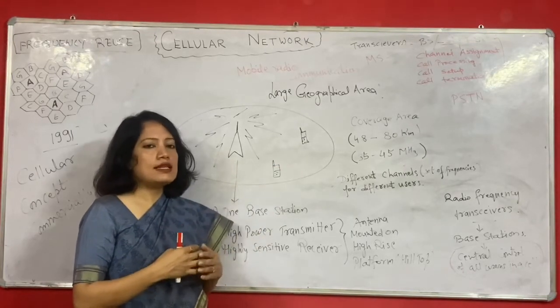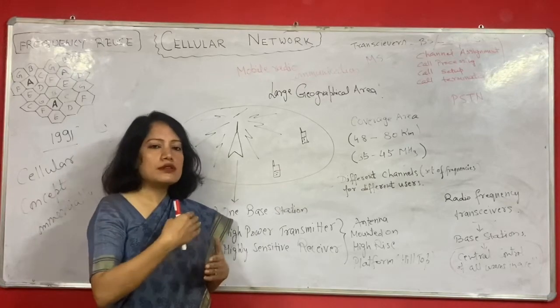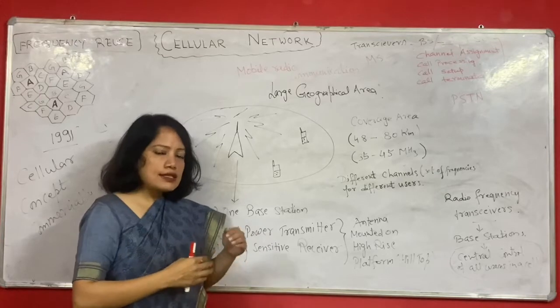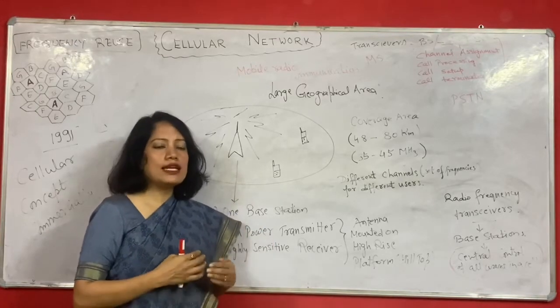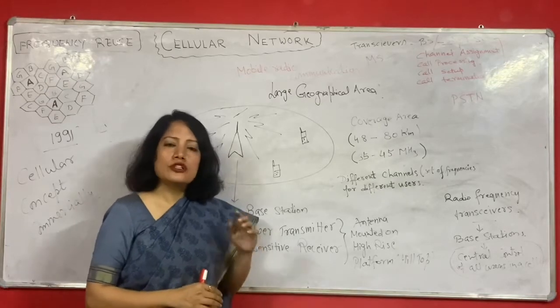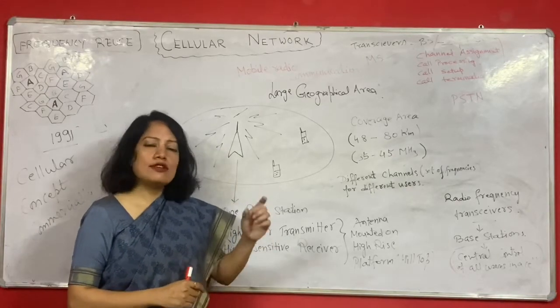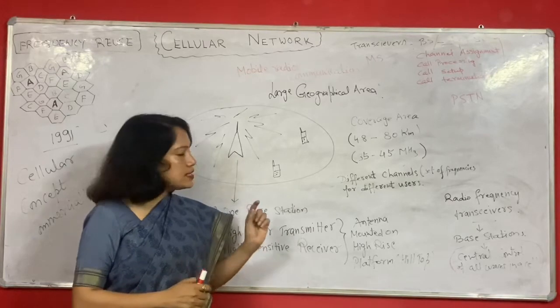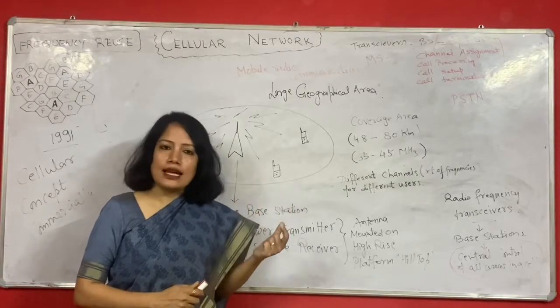Hence, the allocation of channels or frequencies to different users started becoming difficult with the increase in demand. So to deal with this, the cellular concept was developed, where frequency reuse is the main highlight.